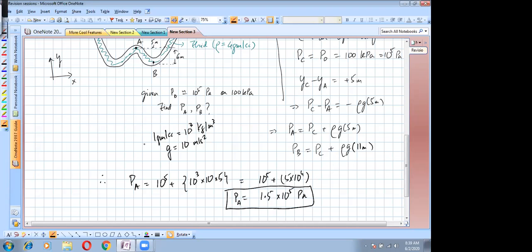Right, so the conversion factor is important over here. You remember that 1 pascal is equal to 1 Newton per meter square, which is 1 kilogram meter per second square per meter square. So it is equal to 1 kg per meter cube into 1 meter per second square into 1 meter. In terms of rho gh, 1 pascal is equal to this much.